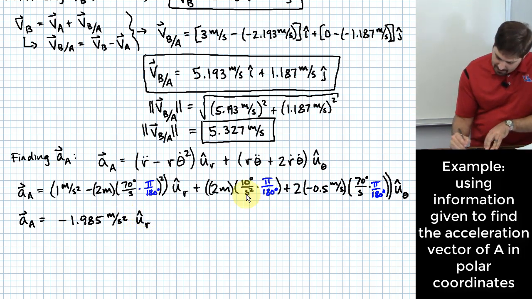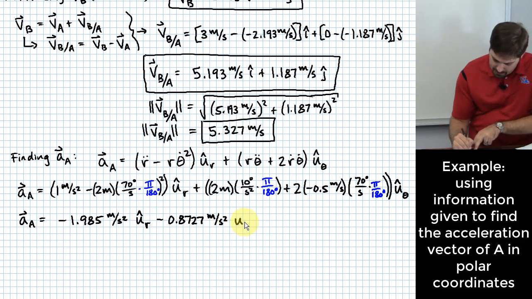And then what comes out over here is a negative 0.8727 meter per second squared, and that is in that transverse direction.